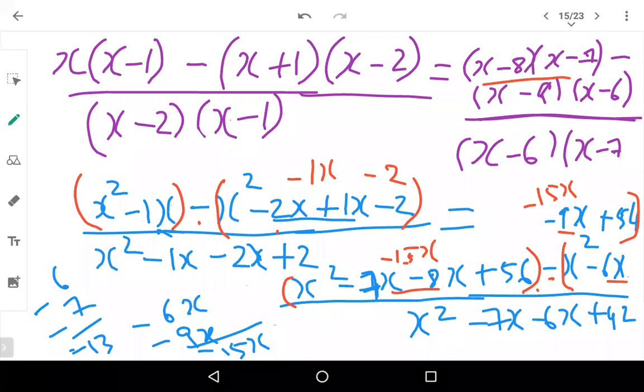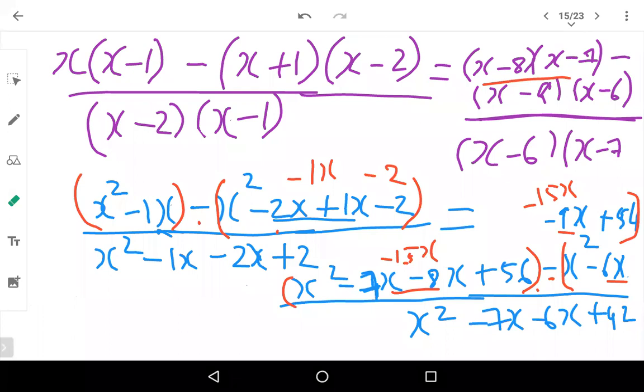Now, after that, we did all the multiplications from the LCM step. The only thing you have to keep in mind, whenever you multiply terms here, just make sure you add brackets to that. So x into x minus 1 gave us x square minus 1x.